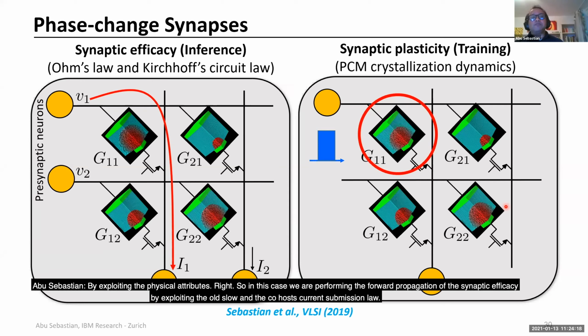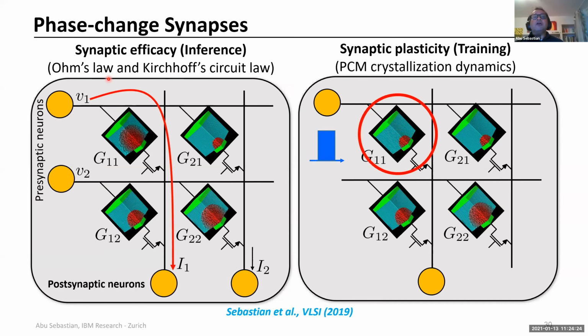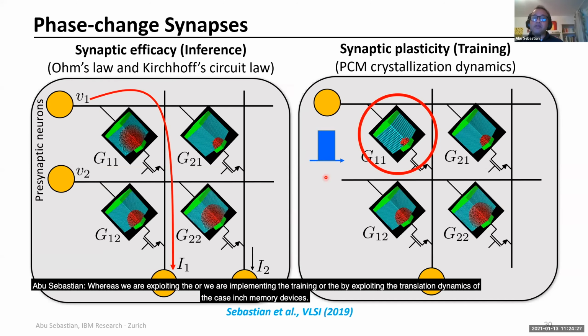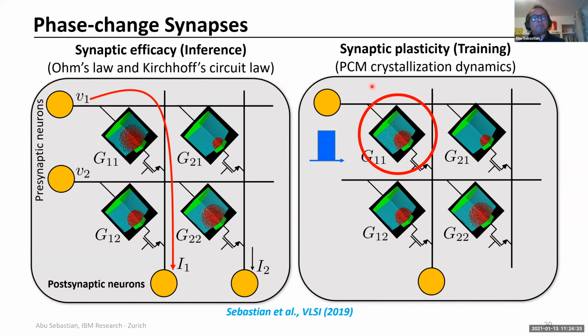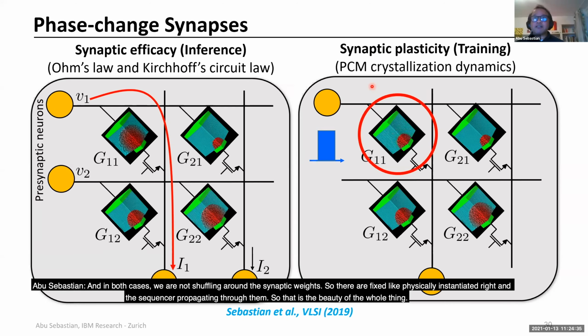In this case, we are performing the forward propagation or the synaptic efficacy by exploiting Ohm's law and Kirchhoff's current summation law. Whereas we are implementing the training by exploiting the crystallization dynamics of the phase change memory devices. And in both cases, we are not shuttling around the synaptic weights. So they're all fixed, physically instantiated, right? And the signals are propagating through them. So that is the beauty of the whole thing.